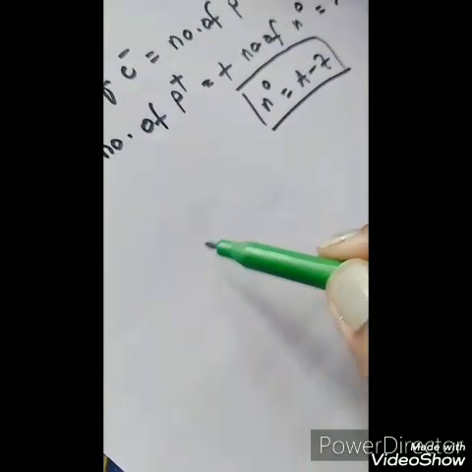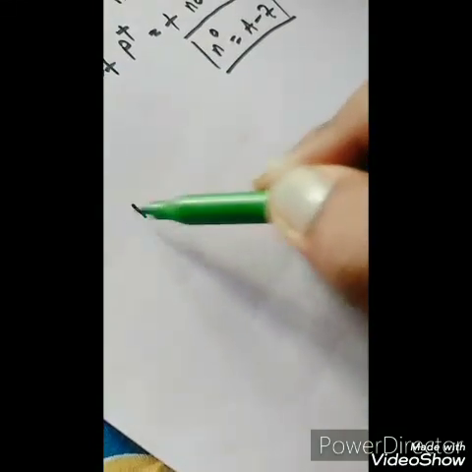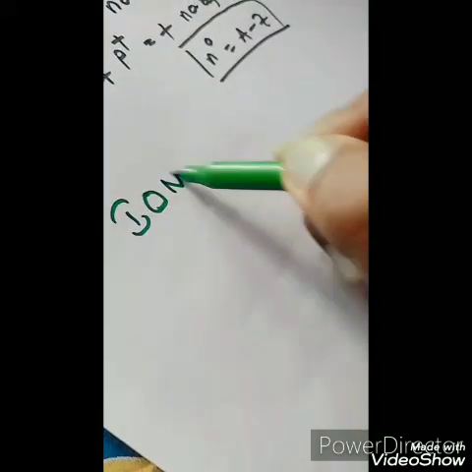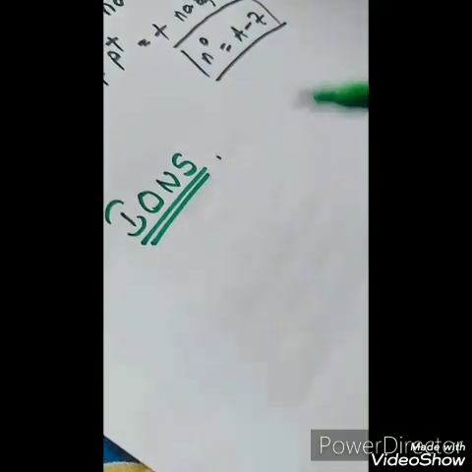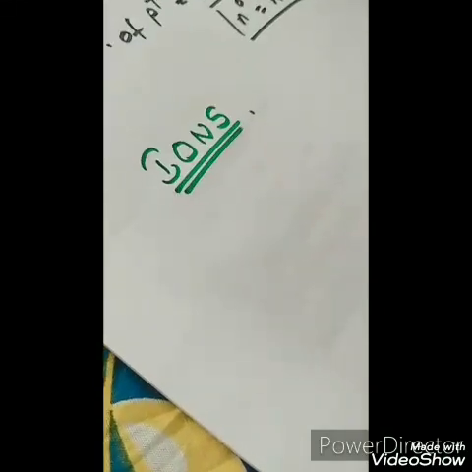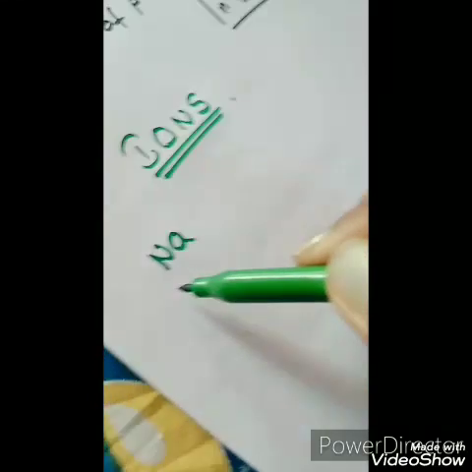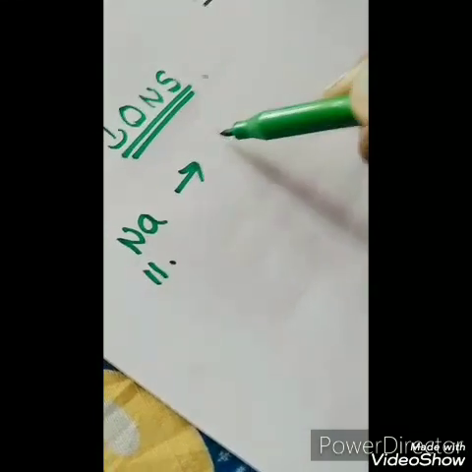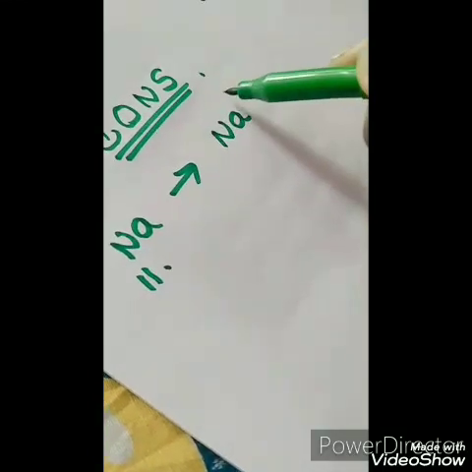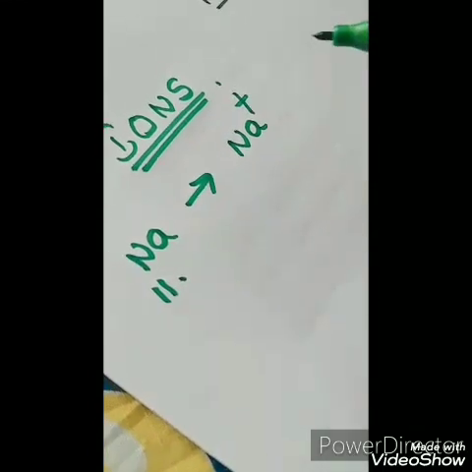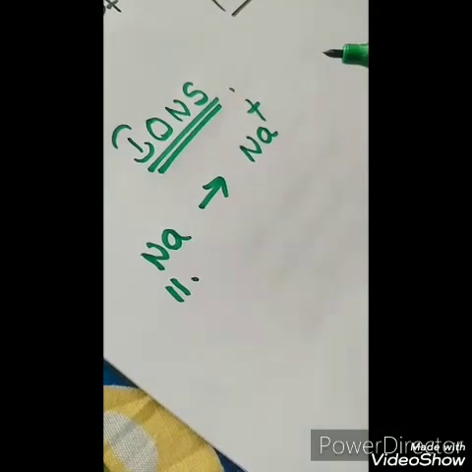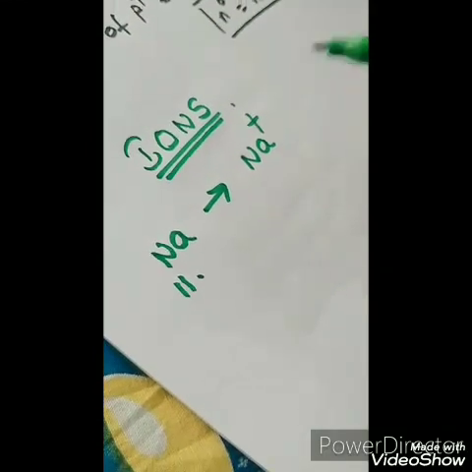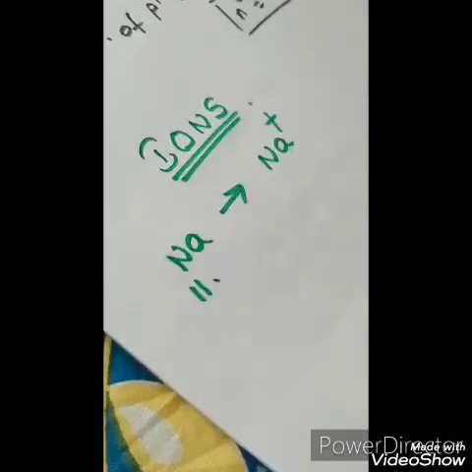Here, one more important point, we can calculate the number of neutrons for ions also. Already I said the number of neutrons in sodium atom, but here we can calculate the number of neutrons for sodium ion, that is Na plus.